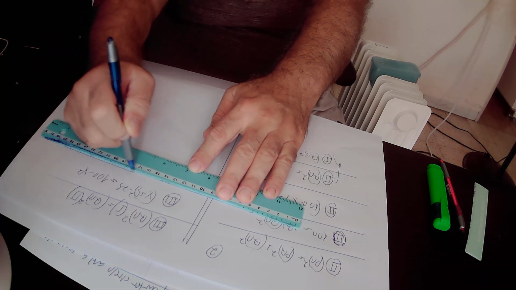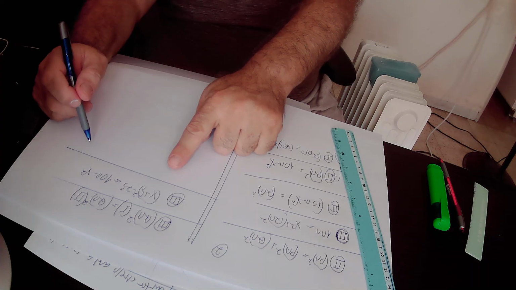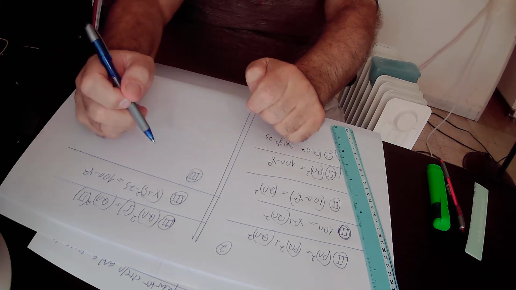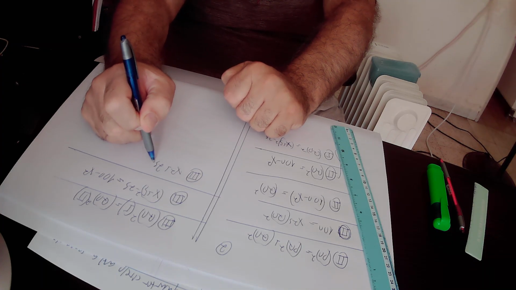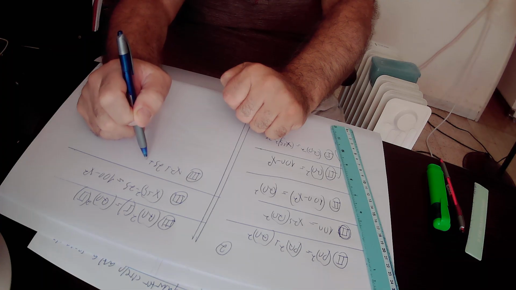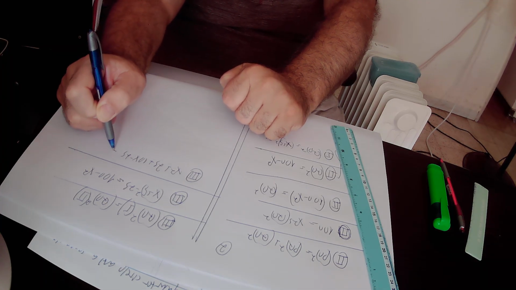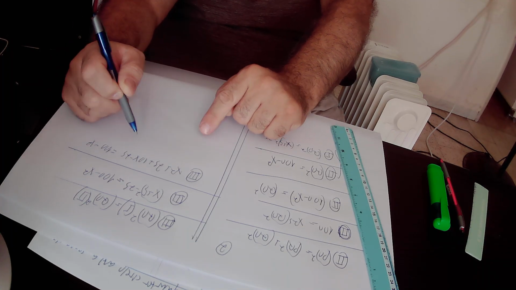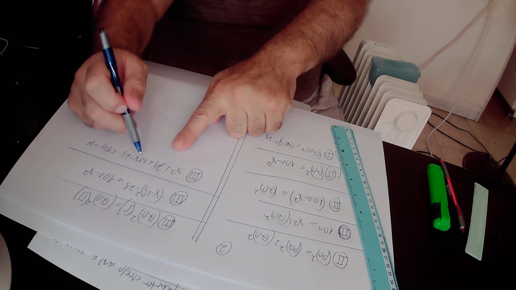Here we will open the brackets of this expression and we get that (x plus 5) squared equals x squared plus 5 squared, that is 25, plus 2 times x times 5, that is 10x, minus 25 equals 100 minus x squared. So on this side of the equation we have 25 minus 25 is 0.